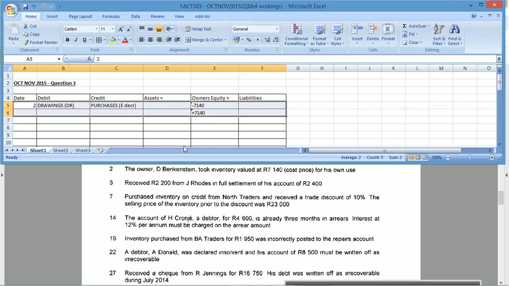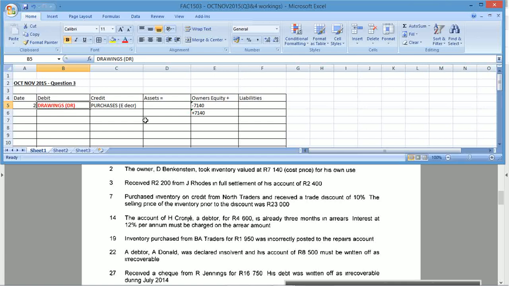Is that one all right? Did you guys all get that right? No. Not? No, but we saw where we went wrong. So where did you go wrong? What was the problem? You can't. Drawings is drawings. Drawings will always be debited. That's the basic rule. The word drawings even has the DR. So you're not going to have anything other than drawings.